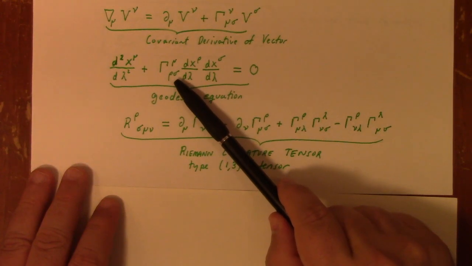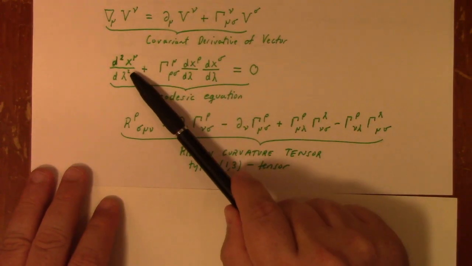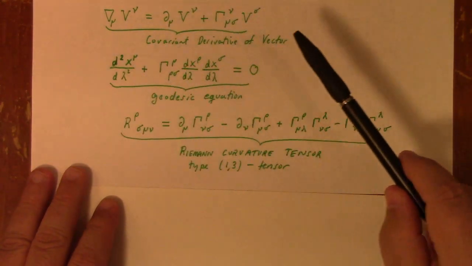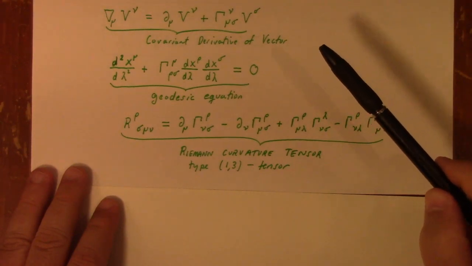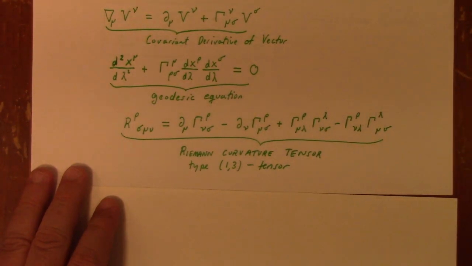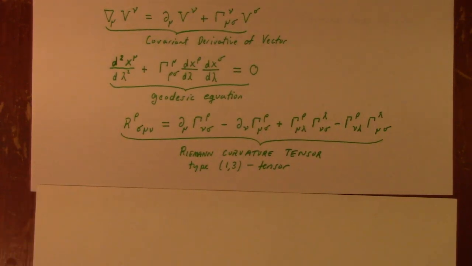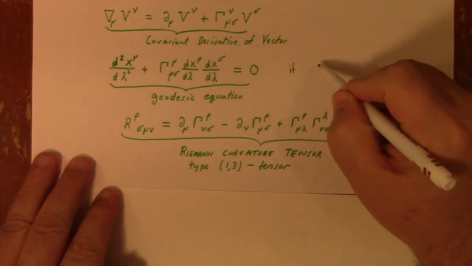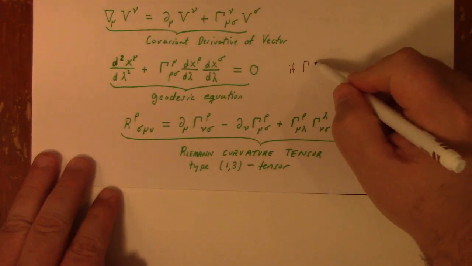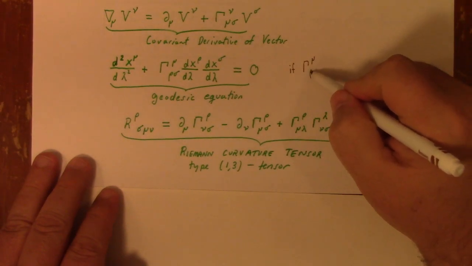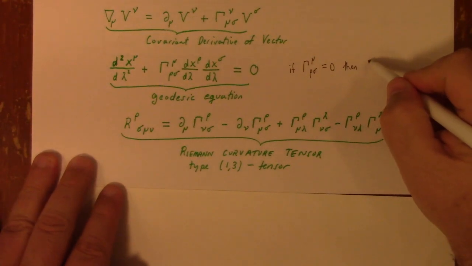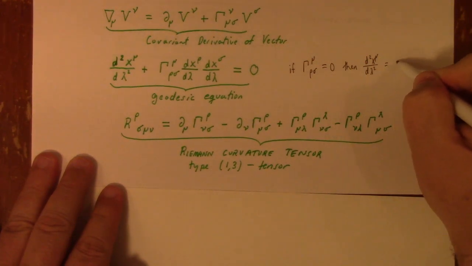Now if the Christoffel symbol is 0, well, that's easy. Then you just get the second derivative of the position with respect to your parameter for the path is equal to 0, and you just integrate twice. I'll write it here, using brown. If these capital gamma Christoffel symbols are equal to 0, then you just get d squared x mu d lambda squared equal to 0.